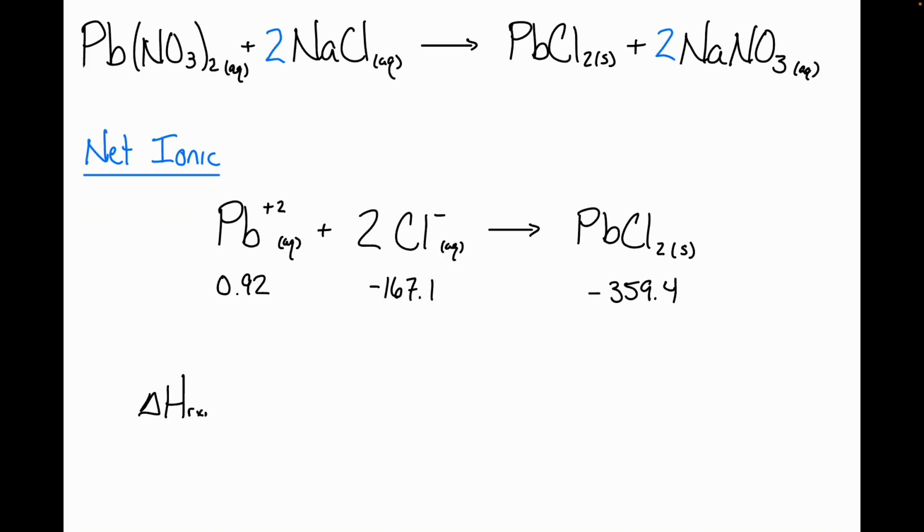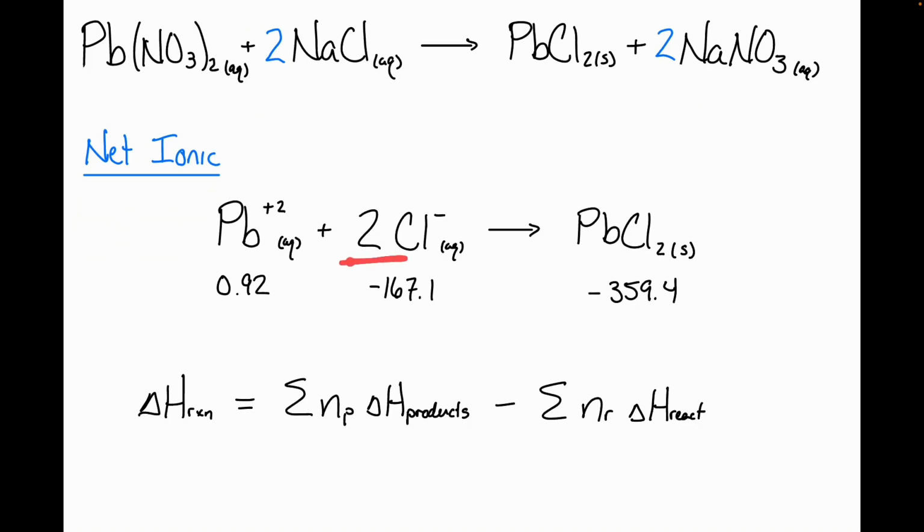When we do our delta H for our reaction, it's the sum of the delta H of the products minus the sum of the delta H of our reactants multiplied by their stoichiometric coefficient.